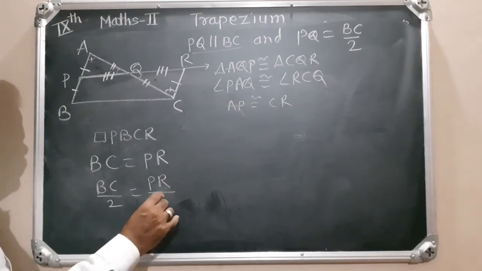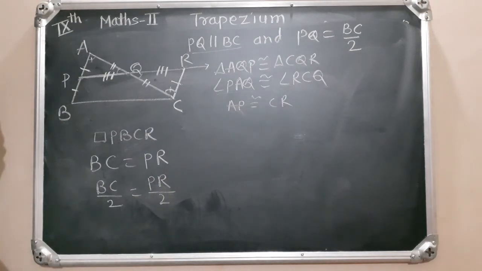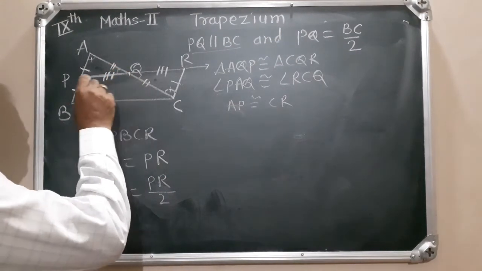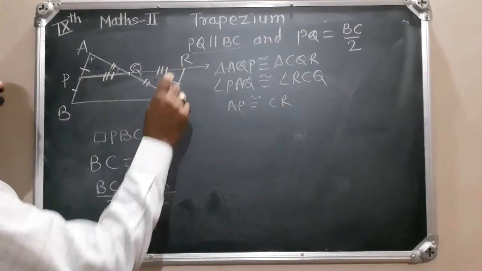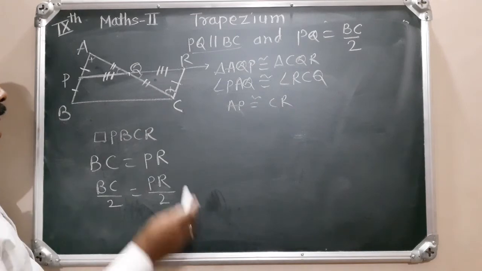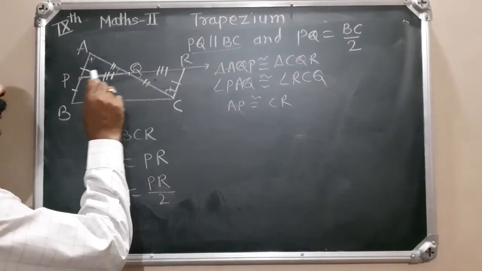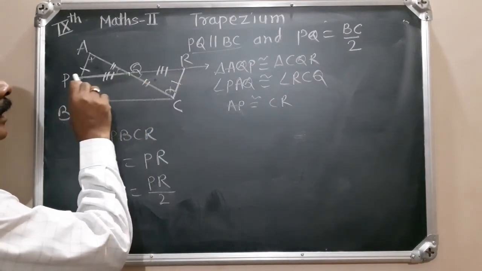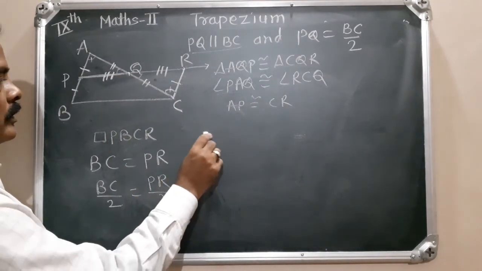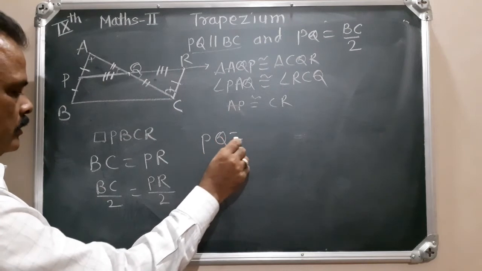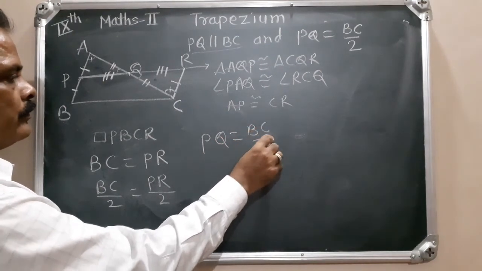But Q is a midpoint of PR because PQ is congruent to QR. This is construction. That means half of PR is nothing but PQ. So PQ is equal to BC upon 2.